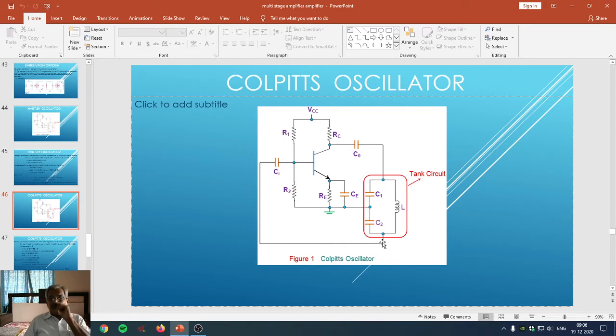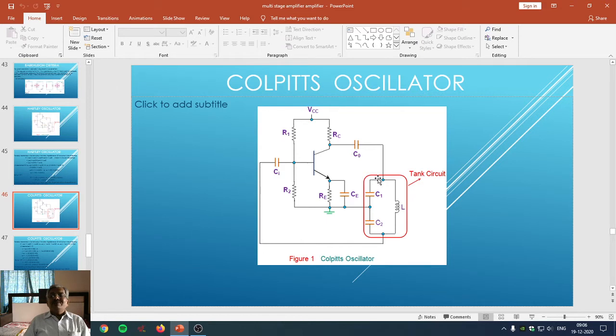The output of that particular tank circuit is given back to the input through its feedback path. Capacitor C1 couples the feedback signal to the input. Capacitor CO, or output capacitor, couples the generated oscillations in the form of radio frequency current from the collector to the tank circuit.